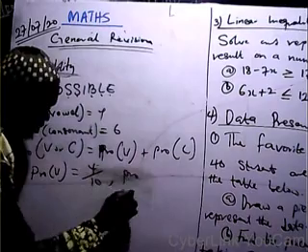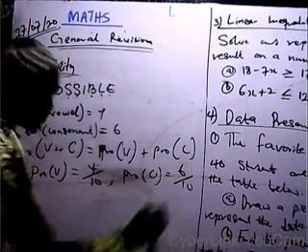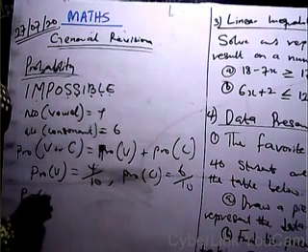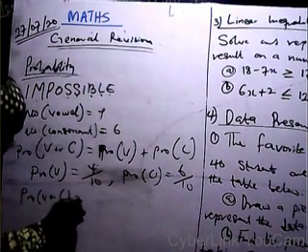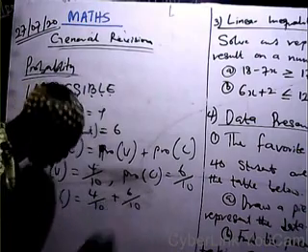Then the probability of consonants is 6 over 10. Can you see? Then you add it together. So probability of vowel or consonants will now be 4 over 10 plus 6 over 10.